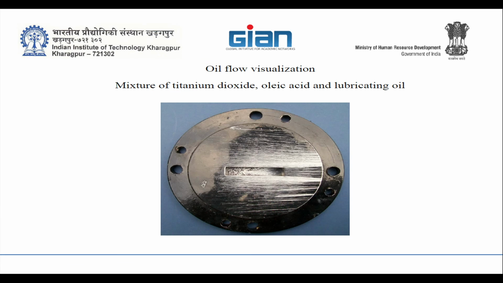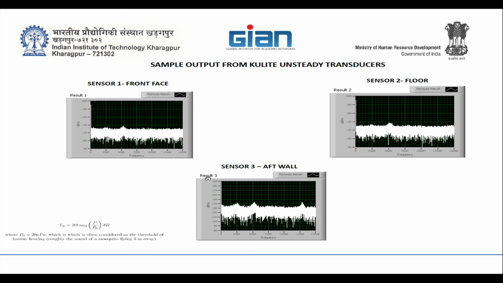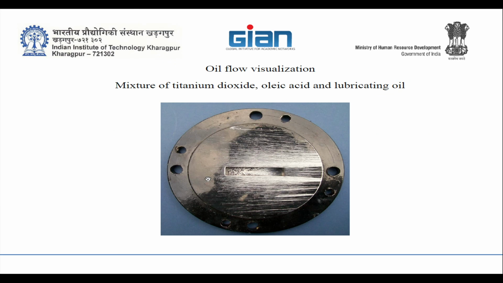Then we tried oil flow visualization also. For getting oil flow, we have to paint our model black. Actually, when you give any model to a technician, they do hand painting. Whenever they are painting, they will leave some lump somewhere or the other.